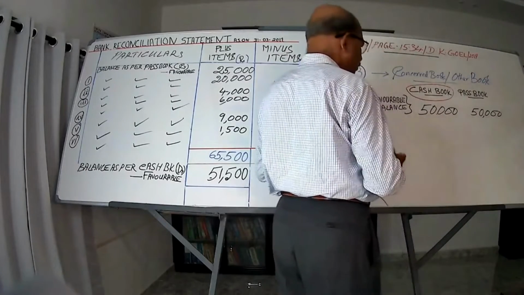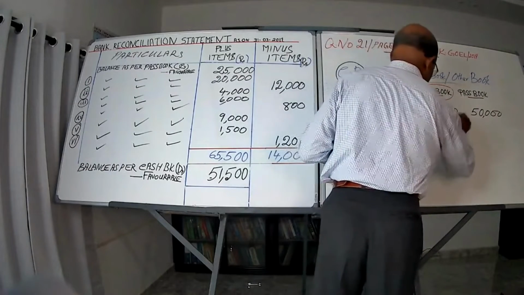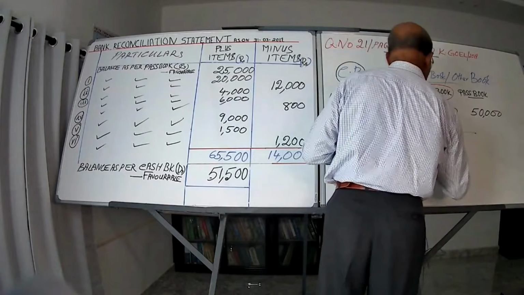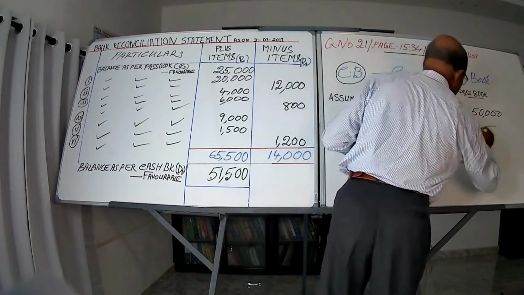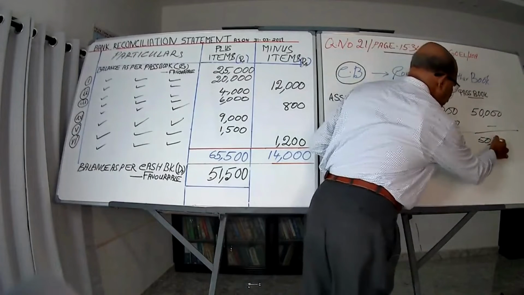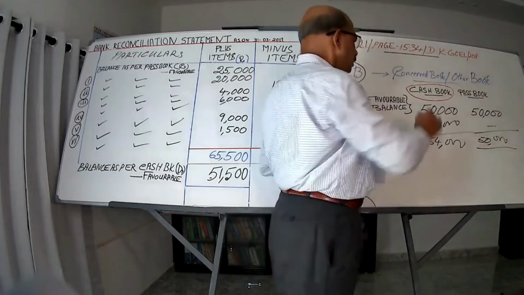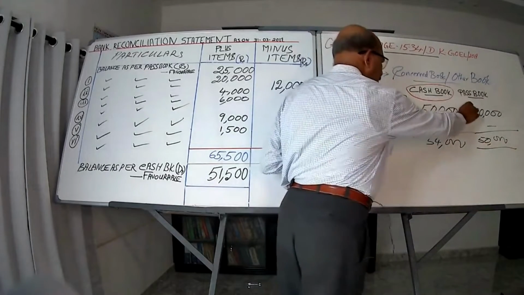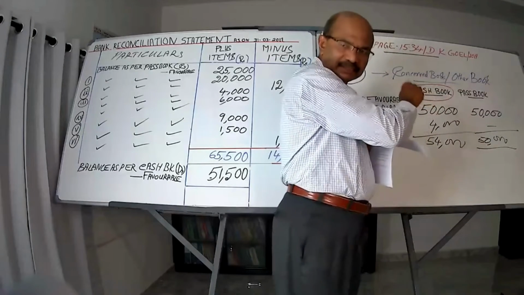The moment I deposit 4,000 rupees, cash book balance will go up to 54,000. Here, since the check is not cleared, bank will be showing only 50,000. This is the assumed amount, the same amount in both books before the transaction.